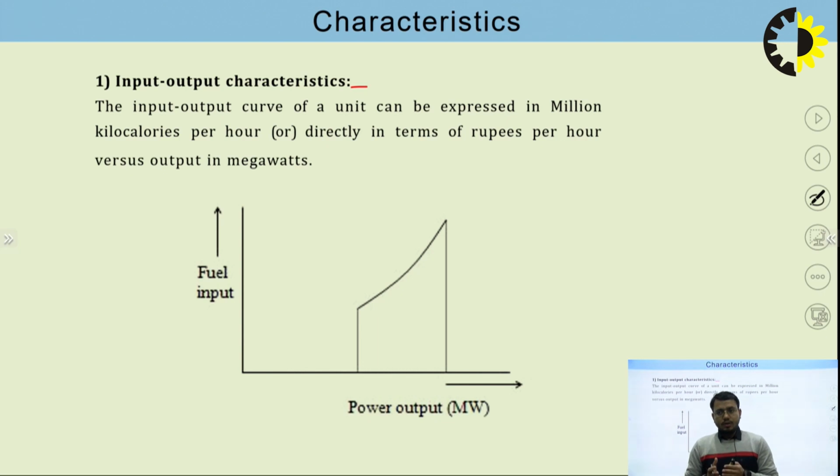In a thermal power plant, we know that coal is taken as the fuel, and that coal is burnt in the furnace and it produces heat. That heat is utilized by the boilers to boil the water, and the water is converted to steam, and the steam temperature is further raised, converted into superheated steam.